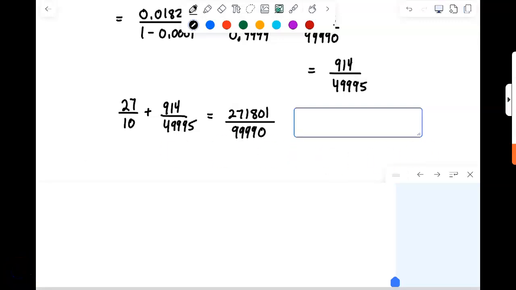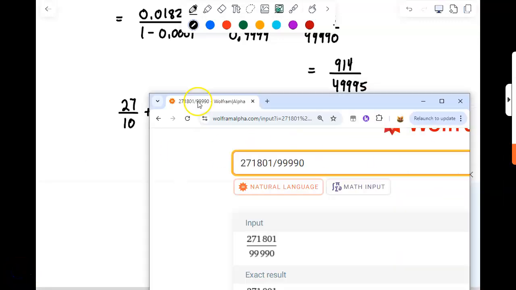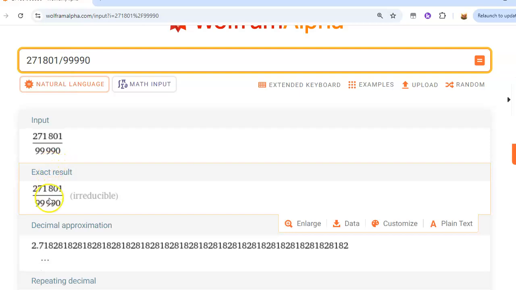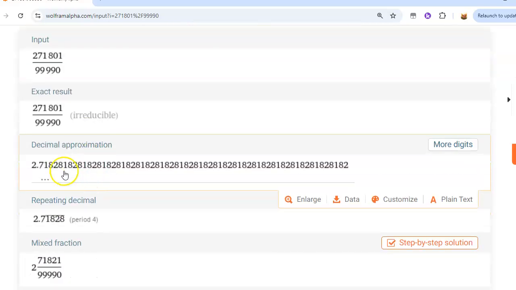I'm going to go over to Wolfram Alpha, where I can actually plug that in, and I know Wolfram Alpha is not going to let me down. So there it is, my input 271,801 over 99990. And it tells me I can't reduce that. It demonstrates to me again that we have the pattern there, 2.71821828 forever.